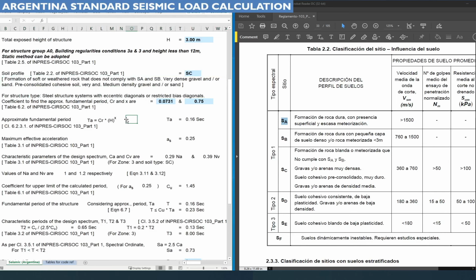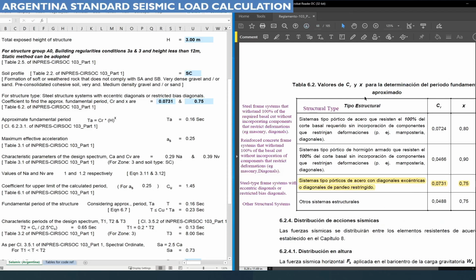And the next one is the structure type we need to consider in order to calculate the approximate fundamental period. For that we need to refer to table 6.2, page number 68.